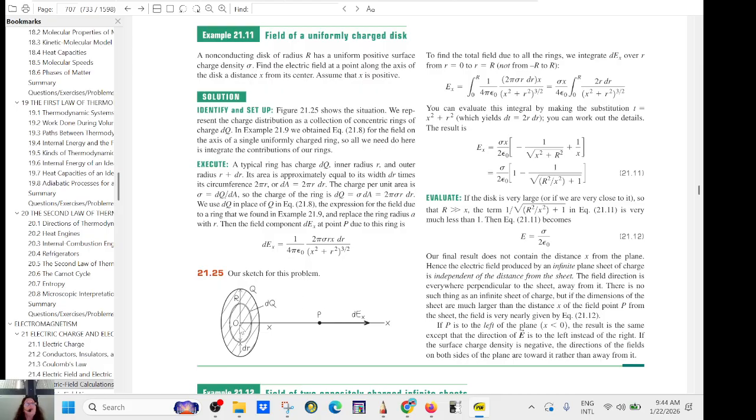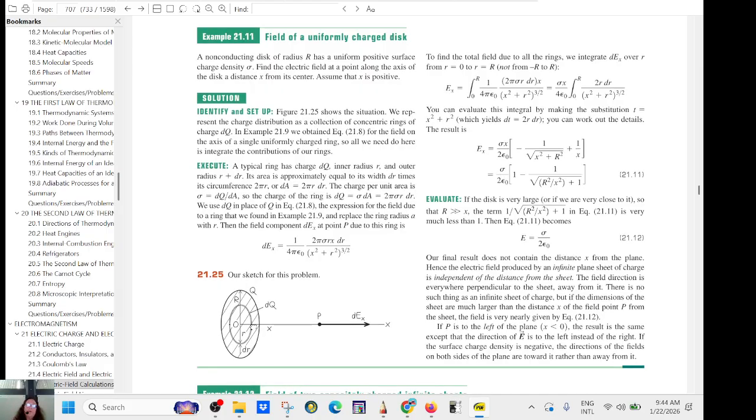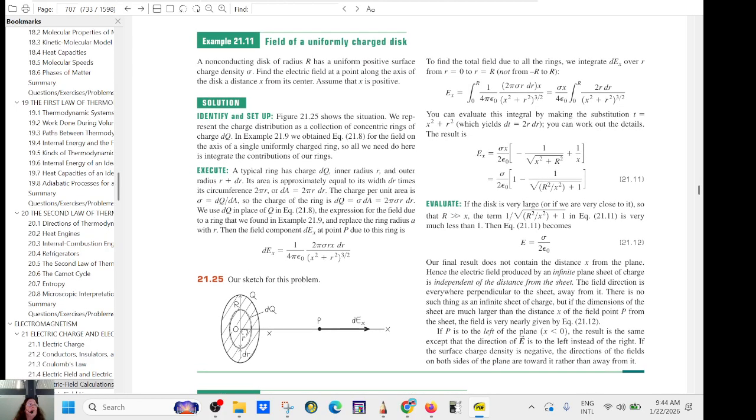If you are very close to a charged surface, so at some point you take the limit, meaning x equals 0, or x is very small relative to the size, then you get this equation.